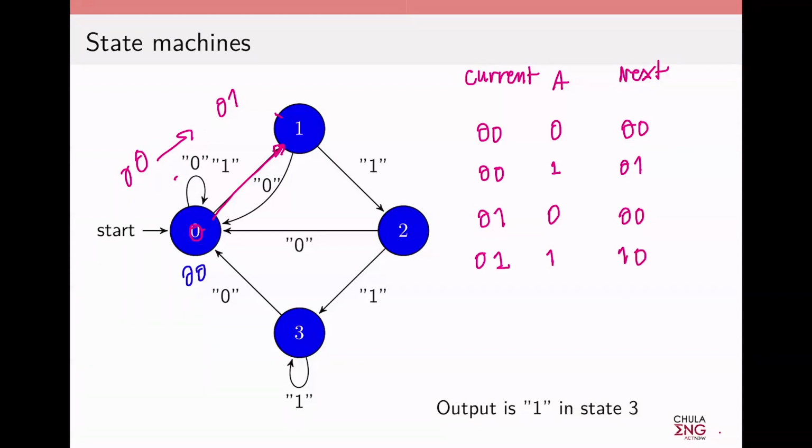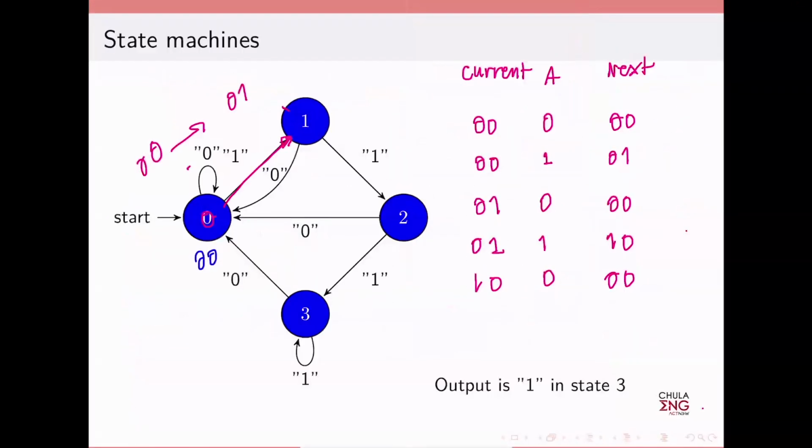If we are at state 2, which is 1, 0, and A comes in as 0, then the next one is going to be 0, 0. So we use the flip-flops to store the states, and we change only when the clock rises.